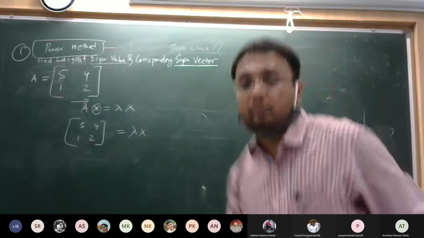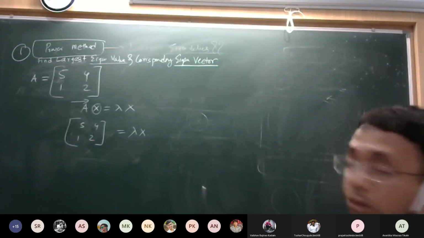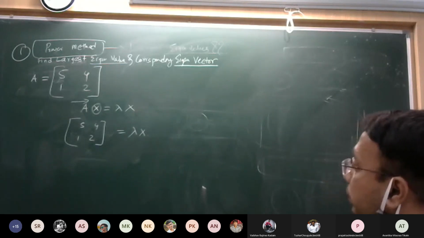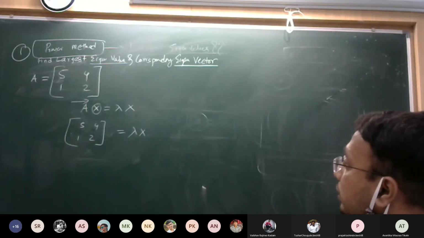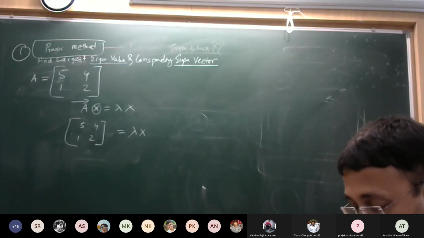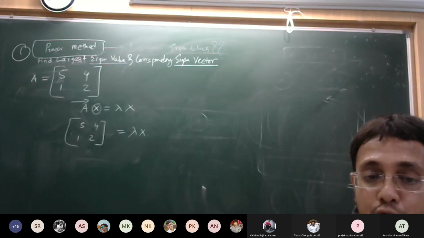Okay, so to find the largest eigenvalue we have to assume the x value. The equation we have written is Ax is equal to lambda x. We have written the A value. Now we have to assume a largest x value. So the initial approximation would be 1 0.